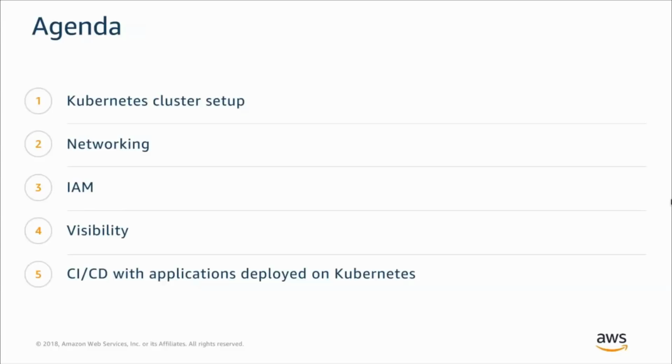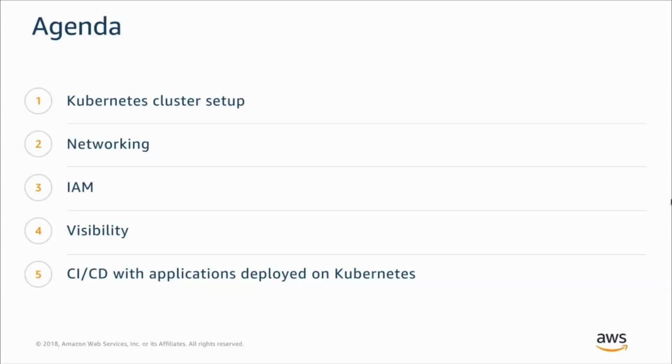So here's the agenda for today. We will review multiple Kubernetes cluster setup options available on AWS. And then we will cover Amazon EKS, which is Amazon Elastic Container Service for Kubernetes, in detail. Now, Amazon EKS makes it easy to run Kubernetes on AWS without having to manage the API or control plane or the etcd nodes.